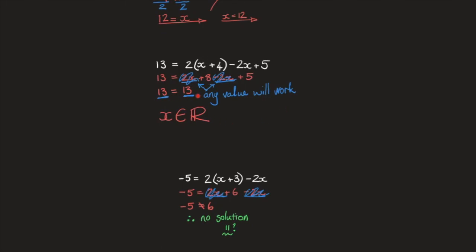As long as you have the same number on both sides, it means that x can be an element of any real number. It doesn't matter what you substitute in for x, it will work. And lastly, we have the situation where there's no solution. So the x's cancelled out each other, you've got 0 x's left, but you have negative 5 is equal to 6, and of course it's not equal to 6, so that must mean there is no solution. And there we go.